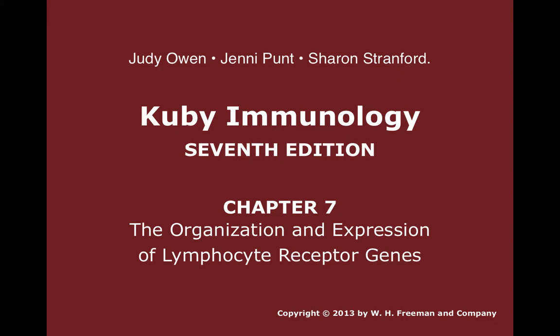So, how is it that you can get so many different variations, especially in the variable regions of these antibodies, so that you have almost an infinite number of antibodies that can be produced within a population? That was the question. So, how can that occur?